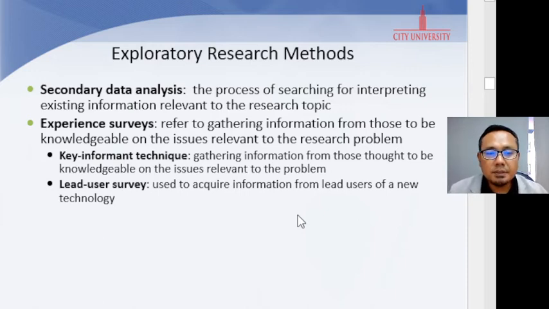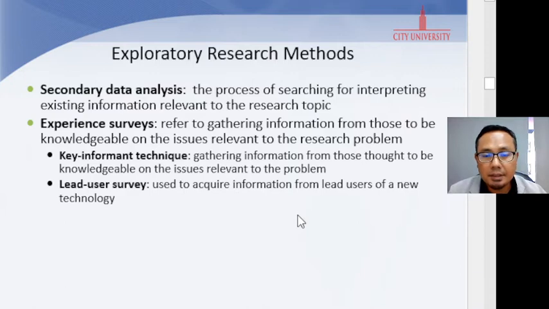So there are a few methods you can see from here. Exploratory research methods include secondary data analysis, the process of searching for and interpreting existing information relevant to the research topic. Then the experience survey, which refers to gathering information from those who are knowledgeable on the issue relevant to the research problem. That's a key informant technique.